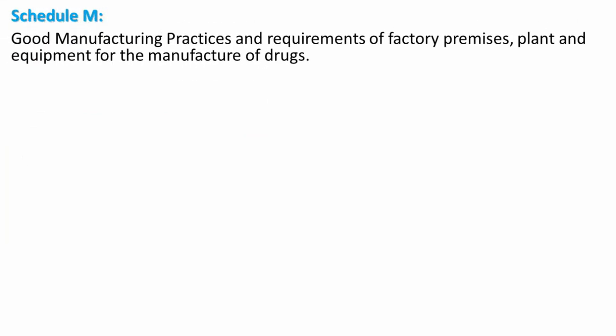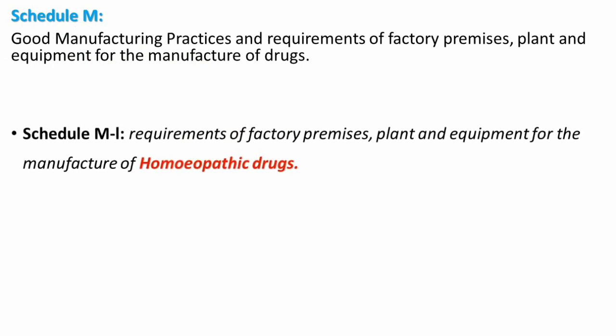Next is Schedule M. Good manufacturing practices and requirements of factory premises, plant and equipment for the manufacture of drugs. There are three types in Schedule M: Schedule M1, M2 and M3.